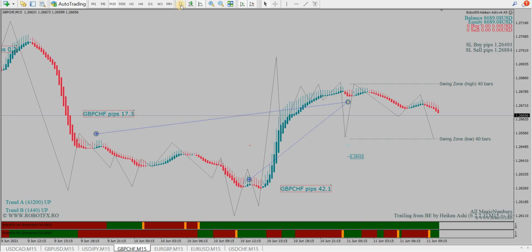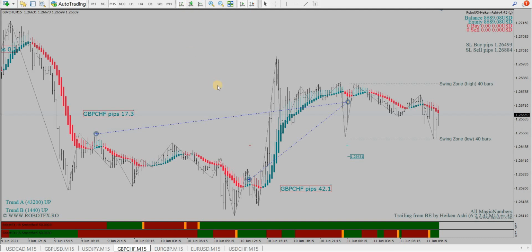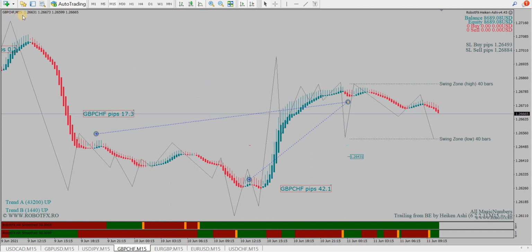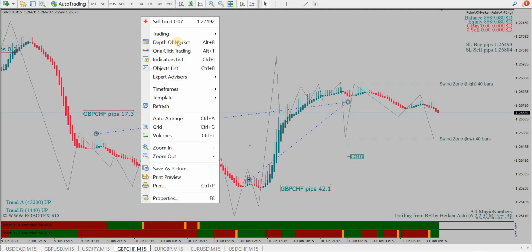And I'm also using on the Heiken Ashi charts the zigzag indicator, because I do want to see some candle highs and lows. I don't like to see them like this. It makes the chart look too crowded. So I just hide the candles altogether and just let me show you the settings.